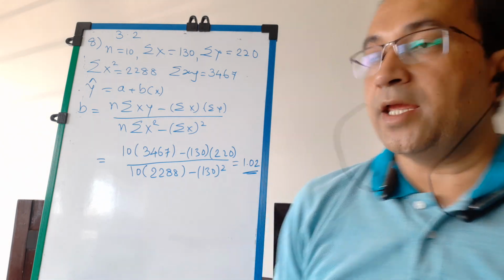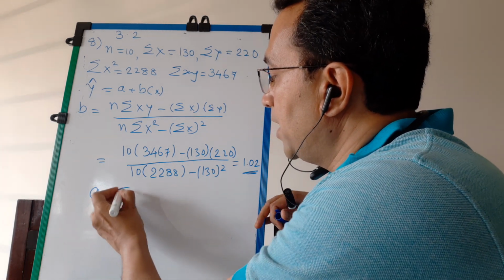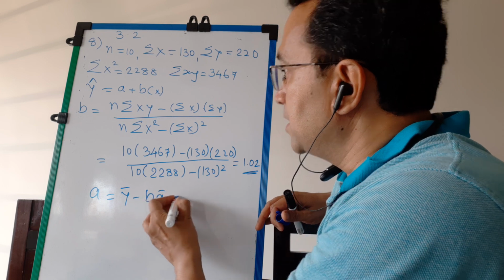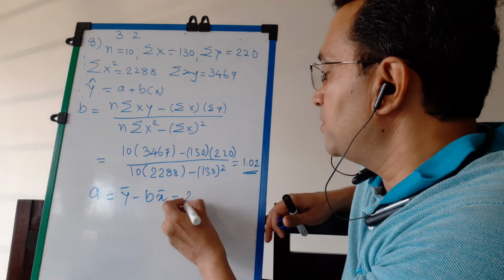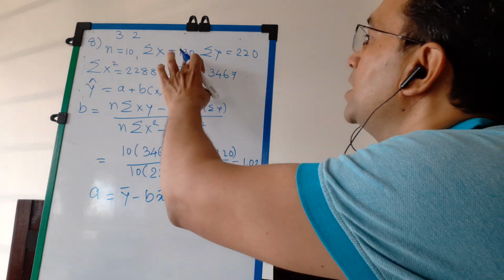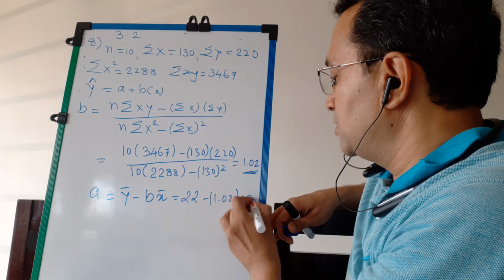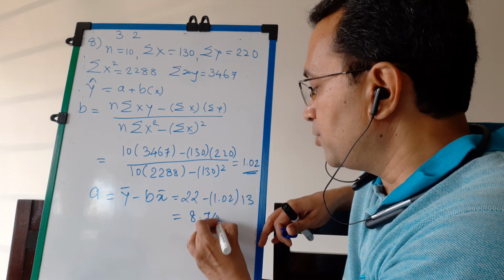Now students, a will be y bar minus b x bar. Now sigma y is 220 upon 10, so y bar will be 22, b is 1.02, x bar will be 130 upon 10, so 13. So this turns out to be 8.74.